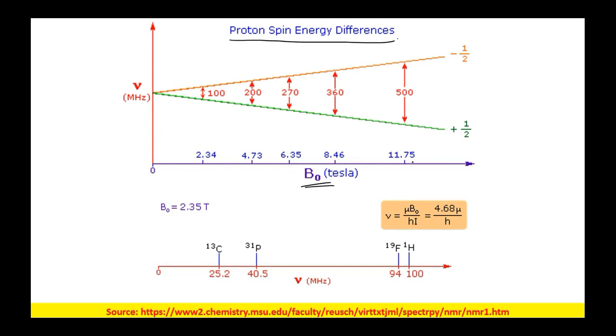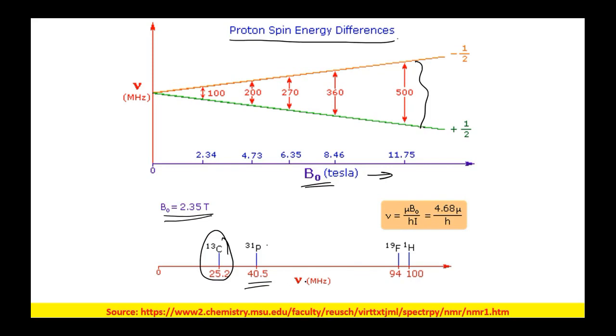As we go on increasing the magnetic field, the energy difference increases. Similarly, when you are giving a B naught of 2.35 Tesla, C13 will give a signal at around 25.2 megahertz, and phosphorus at 40.5 megahertz.